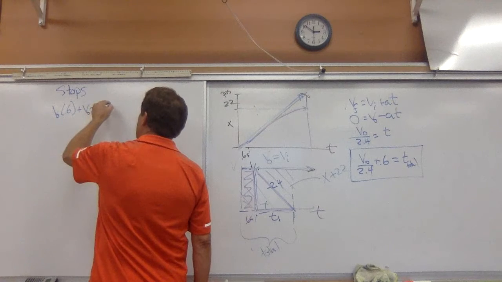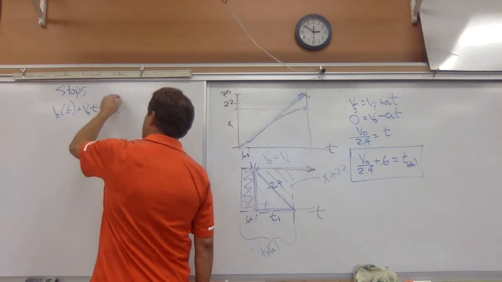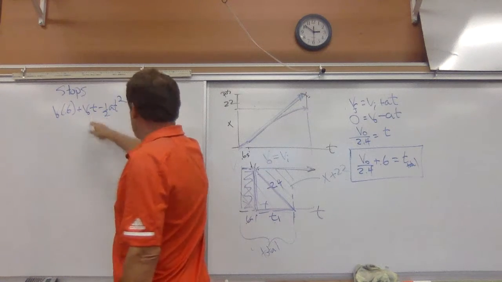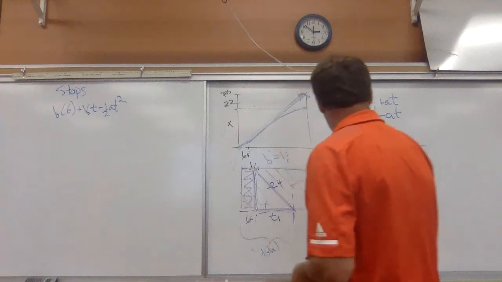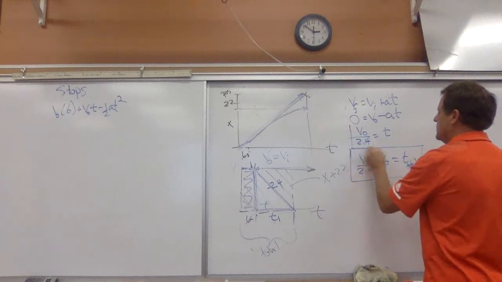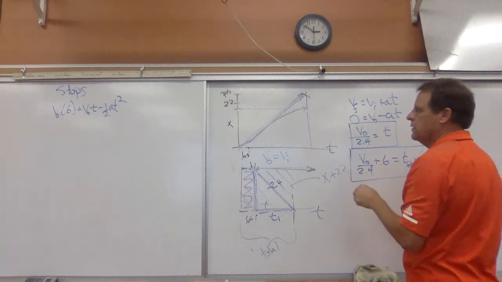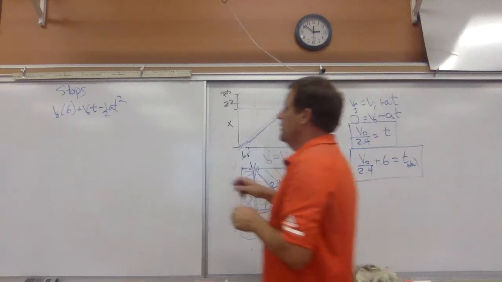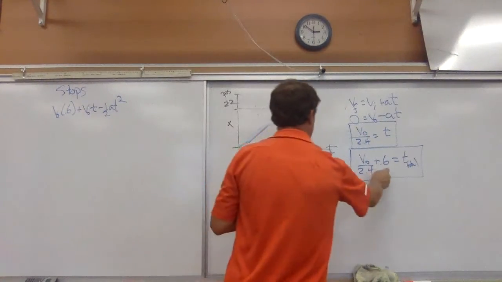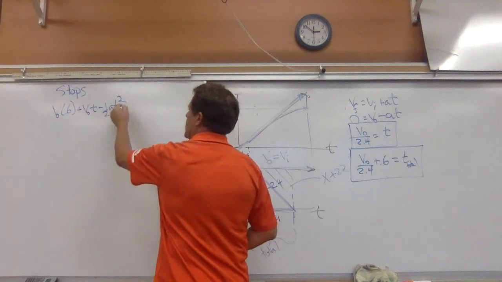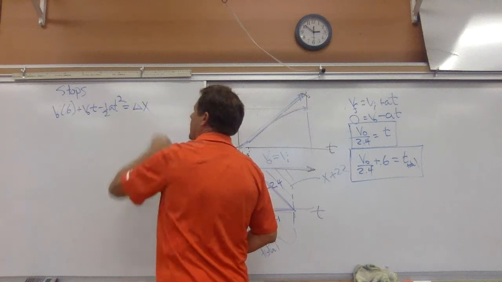Now remember, this T right here is just this one, and we will get back to this other one in a second. So this should give us our delta x.